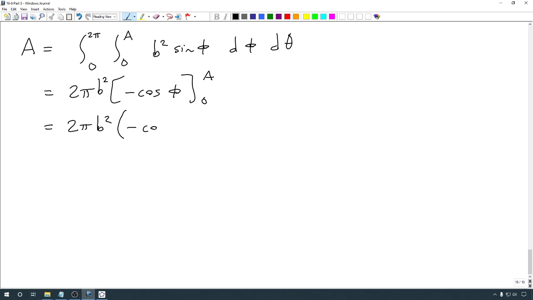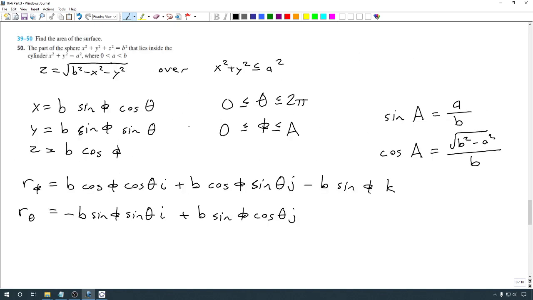We have negative cosine of a minus a negative, so plus cosine of 0. We already found out what cosine of a is. That's why I brought this up earlier. I'm going to replace cosine of a with the square root of b squared minus a squared over b.